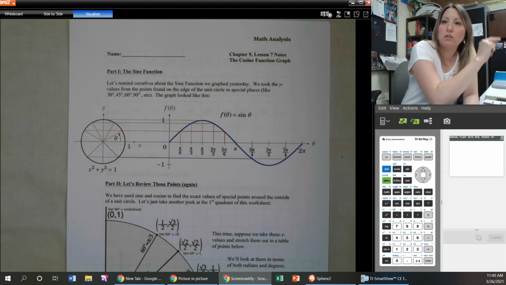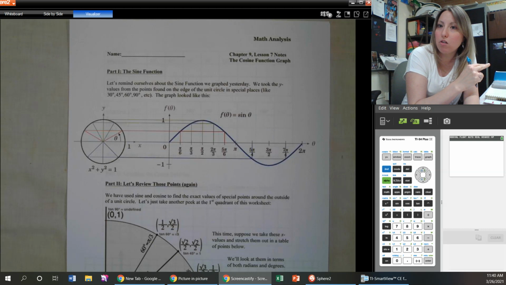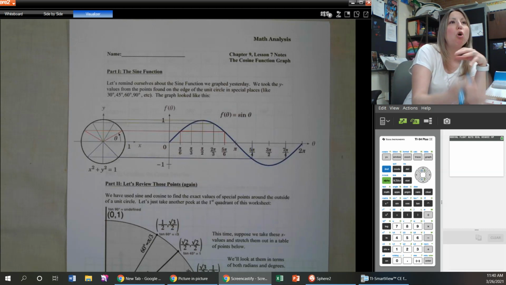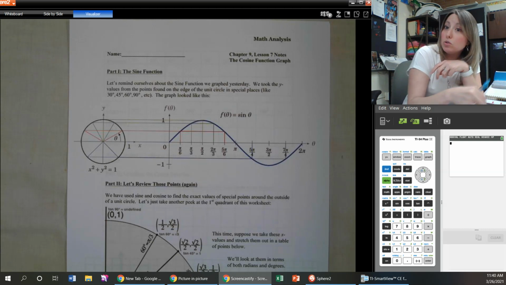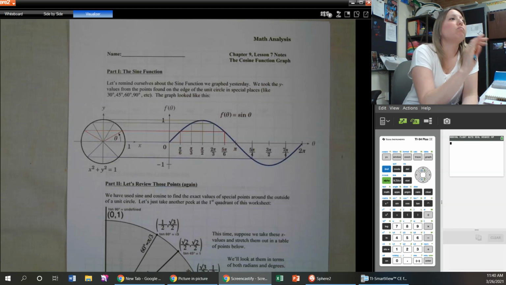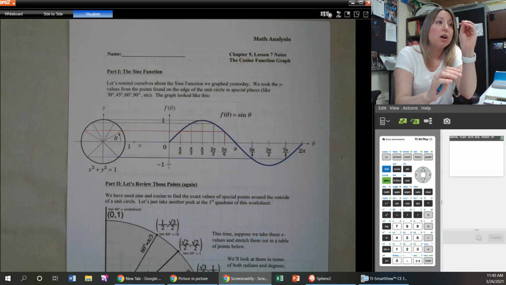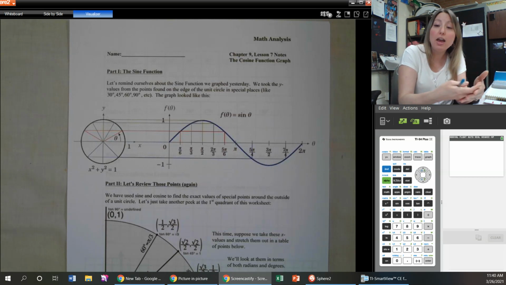So we knew those exact values of those coordinate points along the outside. And we took those y values of those coordinate points and made them y values, where the x value is the angle measure, for sine.